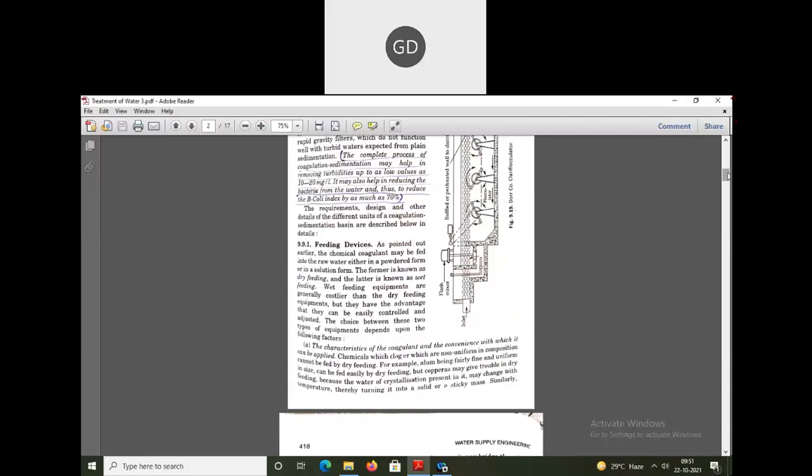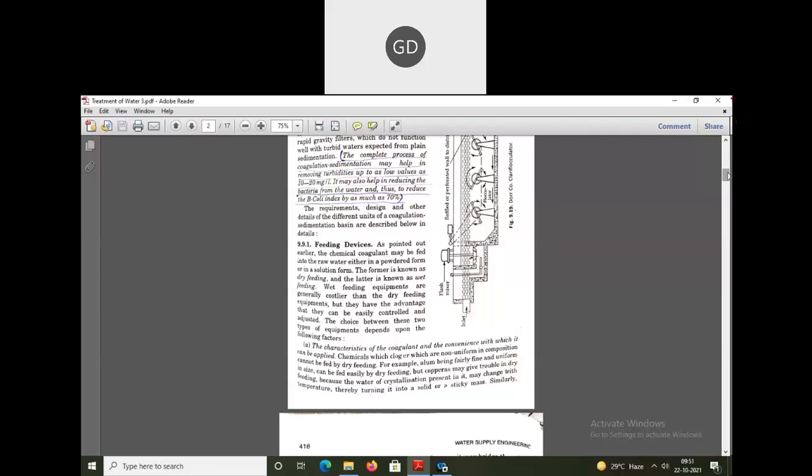In dry feeding you just add the chemical coagulant directly in a powdered form. Or in the solution form, you add water at first, mix it, and then feed it. This is wet feeding.